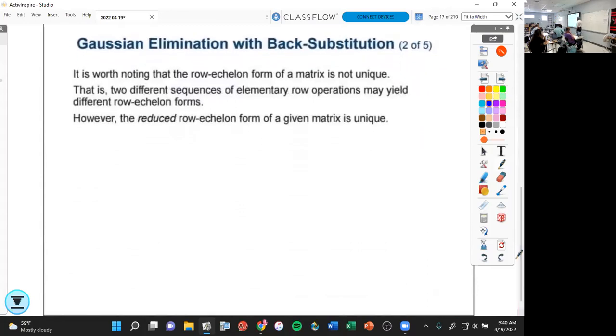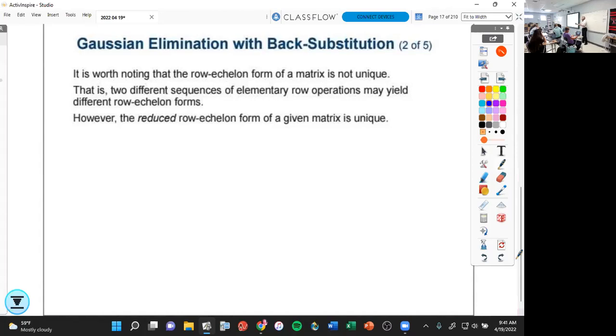It is worth noting that the row echelon form of a matrix is not unique. All of us could be doing the same system of equations, and if we write our equations in a different order, maybe one of us decides to swap because we like it that way better, your row echelon form and my row echelon form might not be exactly the same. But if we did reduced row echelon form, we would all be exactly the same.